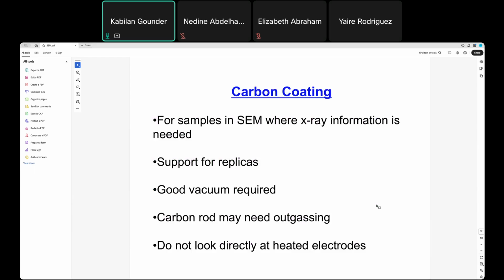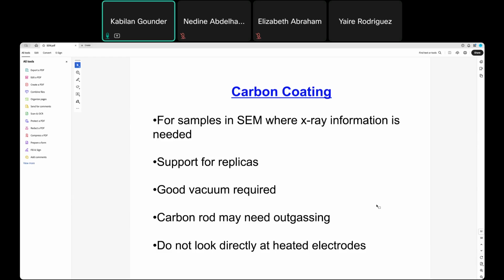We also use carbon coating for samples. Not all materials can be coated. For samples in SEM where you are working with X-ray information, it requires carbon coating instead of gold particles. It also helps with replicas. It works under vacuum.